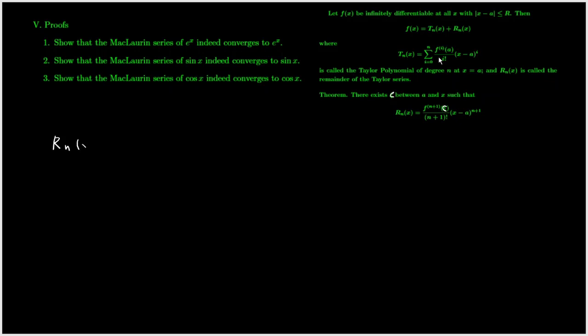Rn of x, I just copy it from there, equals the n plus 1 derivative of the function at c, and then in the denominator you have n plus 1 factorial. A value is equal to 0, so you have x to the power of n plus 1.